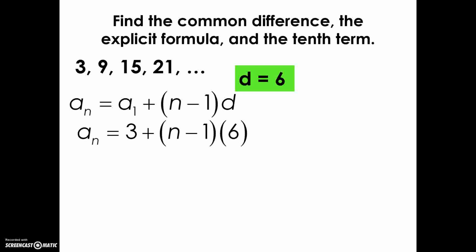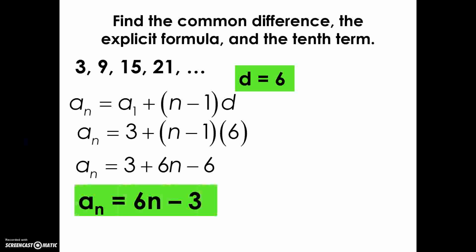Now, I have to distribute that 6 to the n and the minus 1 that's inside the parentheses. So I get a sub n equals 3 plus 6n minus 6. Now I have to combine like terms, and I get a sub n equals 6n minus 3. So if I ask you to do the explicit formula, you are not done until you get this final answer right here.